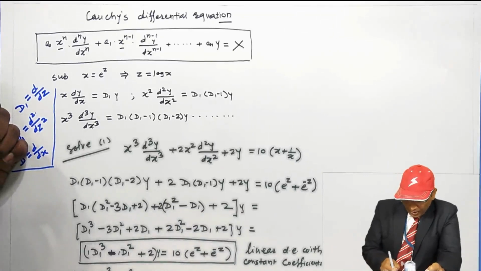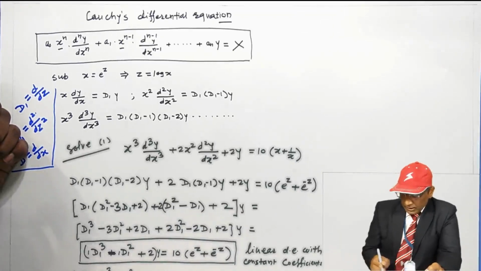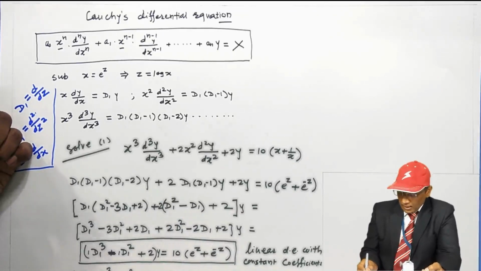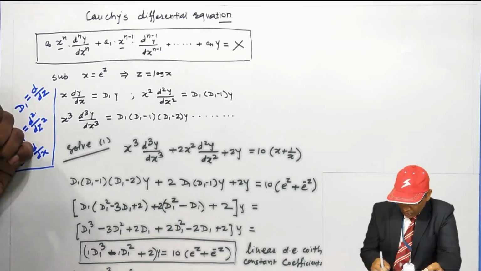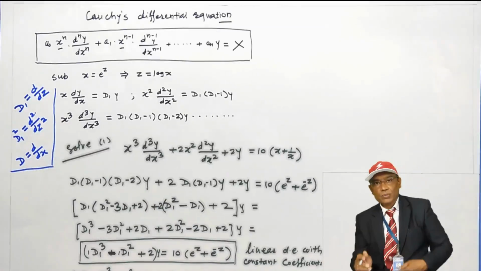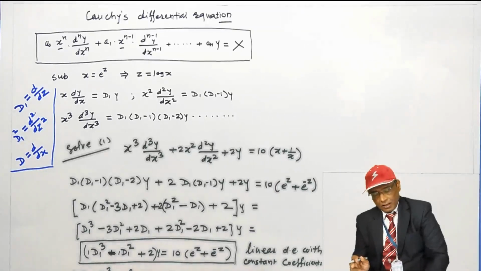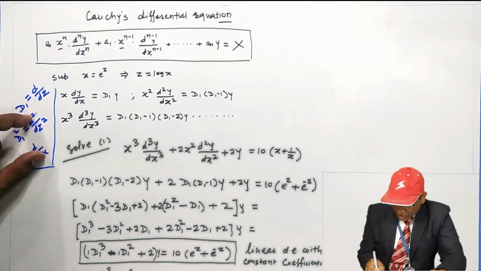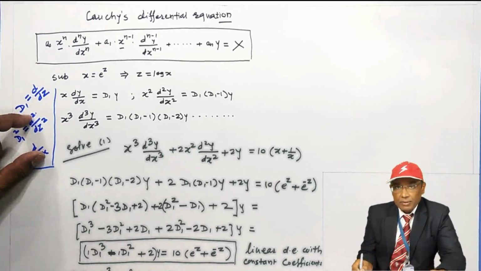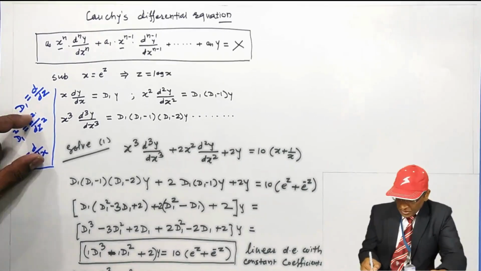So write down the complementary function. Here the single root is a real root, C1 e to the power -1 z now. Okay, not x, it is z, because we are dealing with z and y. These two are imaginary and different, of the type alpha plus minus i beta.